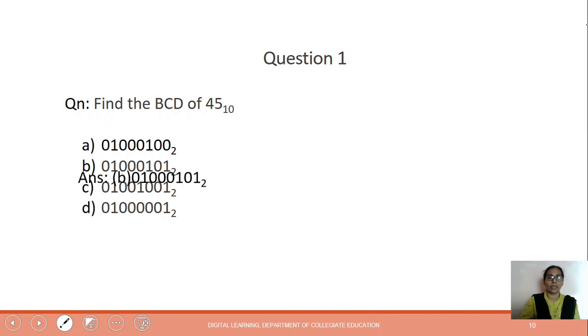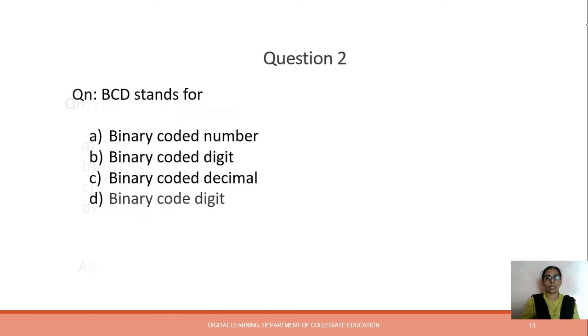So B is the answer. Next one. BCD stands for binary coded number, binary coded digit, binary coded decimal, binary code digit. Answer is binary coded decimal.